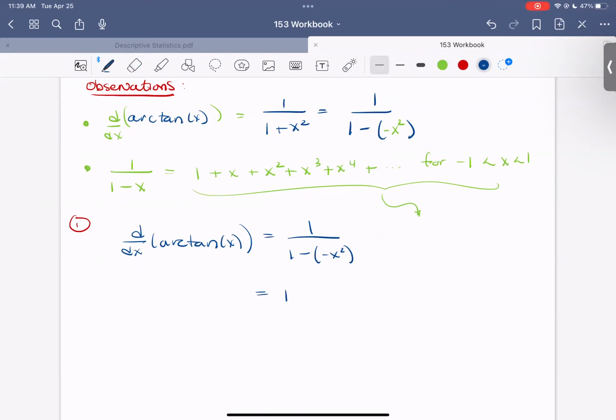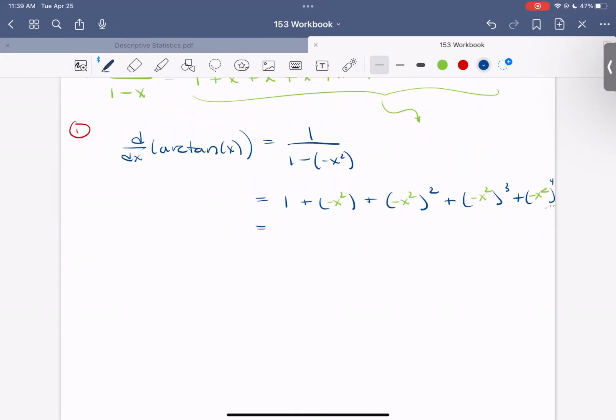So now we're going to get 1 plus whatever that thing is squared, plus whatever cubed, plus whatever to the 4th, etc. So what I'm going to plug in here is negative x squared, negative x squared, negative x squared, negative x squared. So now if we just calculate this out, we see that the derivative of arctangent is equal to 1, then we get minus x squared plus x to the 4th minus x to the 6th plus x to the 8th minus x to the 10th, etc.